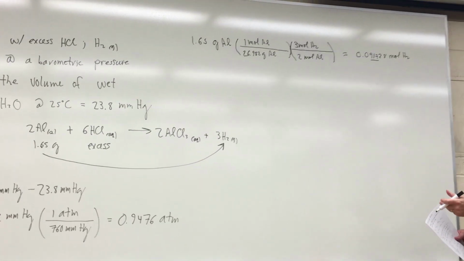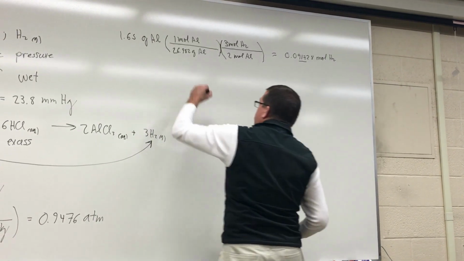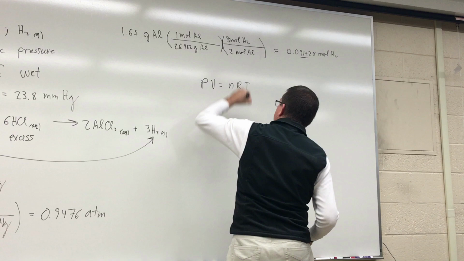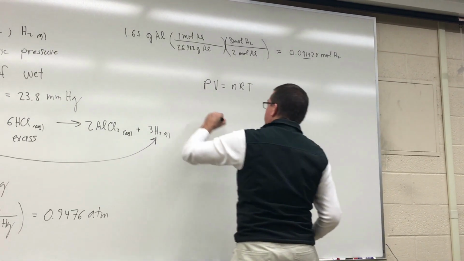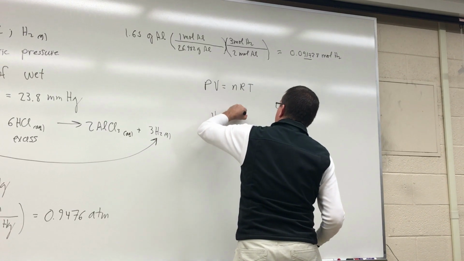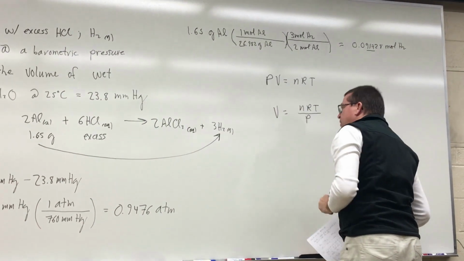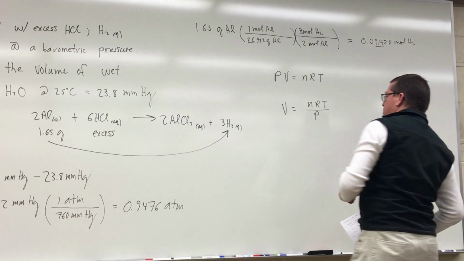So now we're in a position where we've got everything we need to employ the ideal gas equation. Okay, so we know that that is PV equals nRT. In this case, I'm after volume, so I'm going to solve for volume. So volume is equal to nRT divided by P. All right, so now let's get everything into the equation in the correct units here.